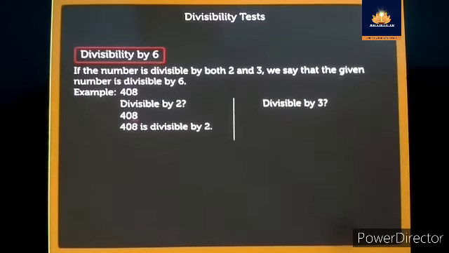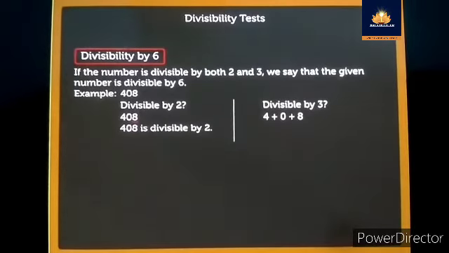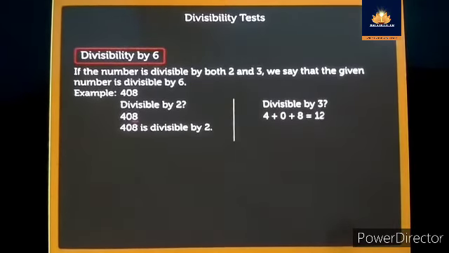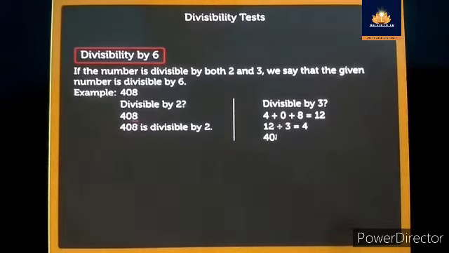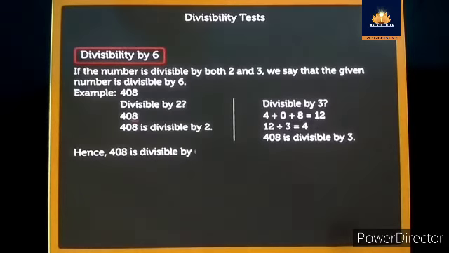Is it divisible by 3? 4 plus 0 plus 8 is equal to 12, which is divisible by 3. Which means 408 is divisible by 3 as well. Hence, 408 is divisible by 6.